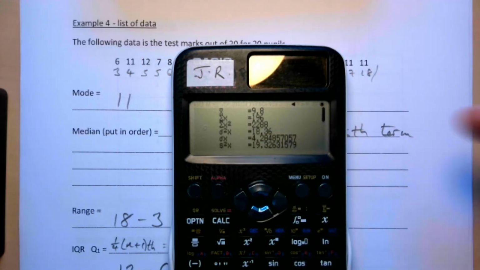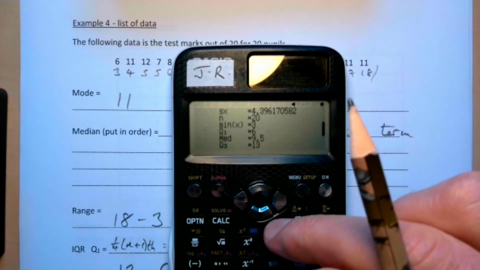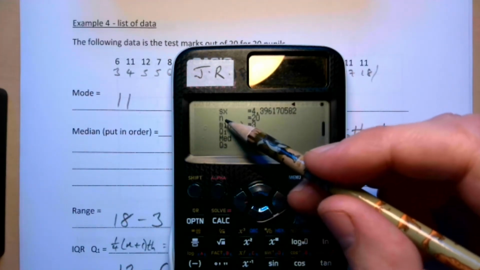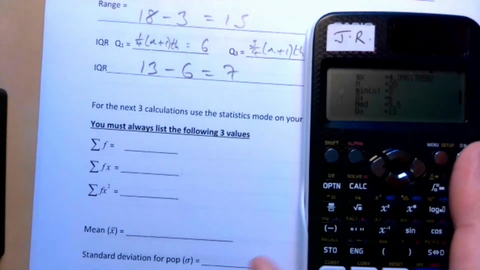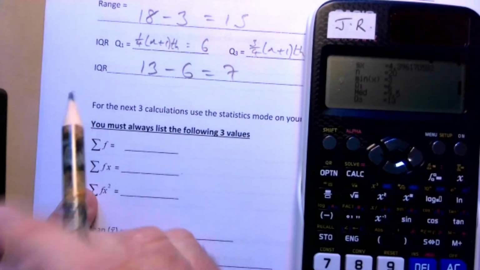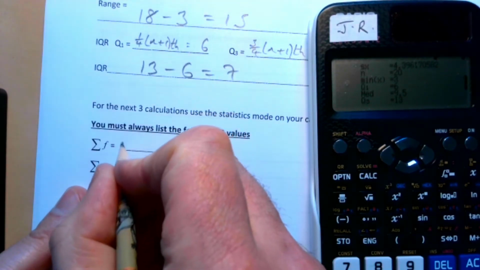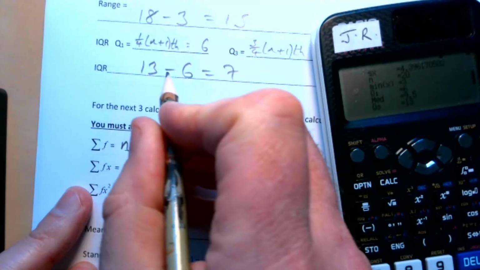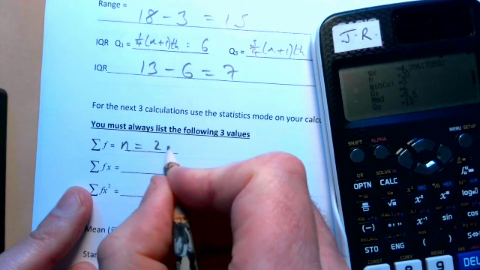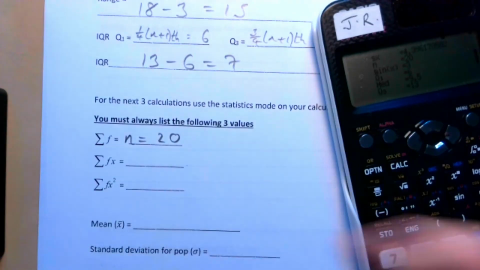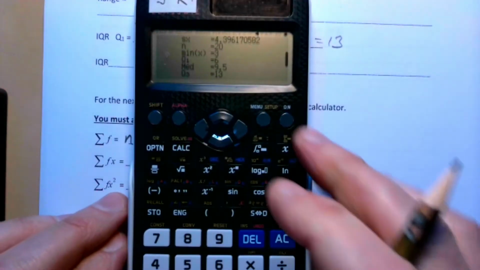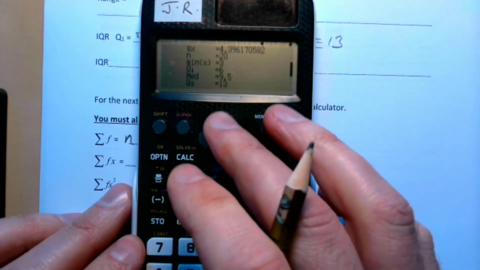So sigma f, if we go here, is just the same as our n. So that's going to be 20. Let's go down here so you can see actually what I'm filling in. So sigma f, that's the same as n, the sum of all the frequencies, as in how many terms there were, and that equals 20. Sigma fx, where is that one going to be?